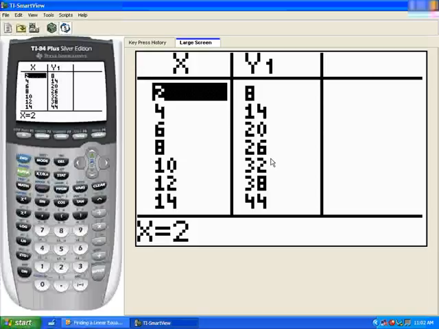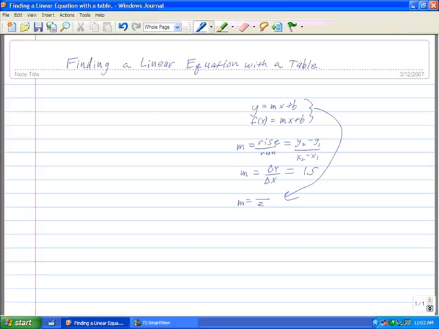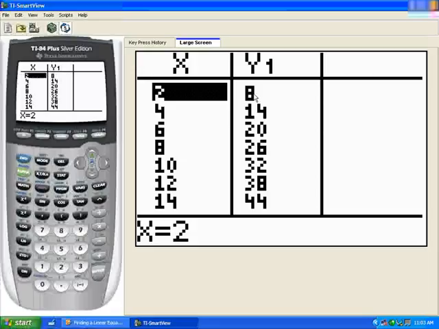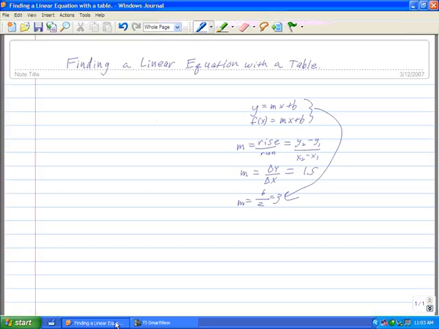Again, not that they all have to be the same. It's just that every time we divide them, they have to divide out to be the same. A delta y of 6 over 2 would be a 3. Another 6 over 2 would be a 3. So we have a slope of 3. So in function form, we've got f of x equals 3x.